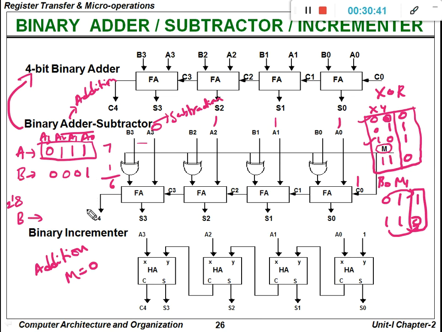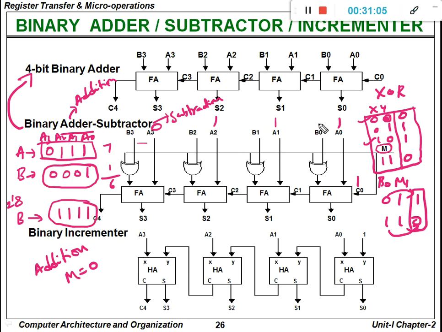Initially there is 1. So we come across 1 and then exchange all the remaining values: 1, 1, 1. So this is the 2's complement equivalent of B. Now this exclusive OR gate is going to convert this B value into 2's complement representation.